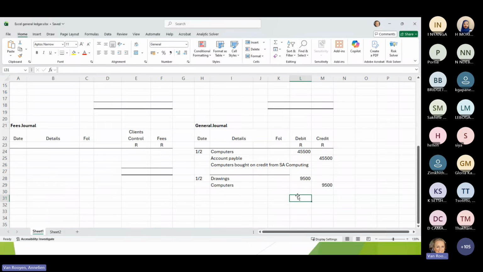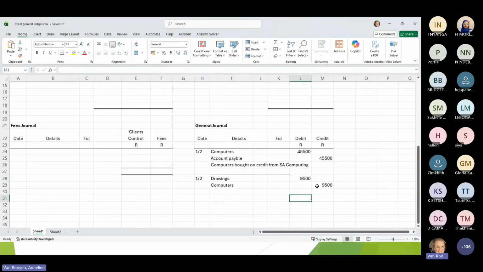There's a decrease in my assets. Remember BAE, a decrease in assets means it's less, it's a minus, and therefore it's a credit when your asset decreases. So it's a credit computers, and then obviously your drawings must be the debit, the balancing figure.